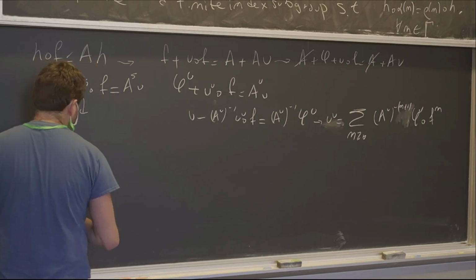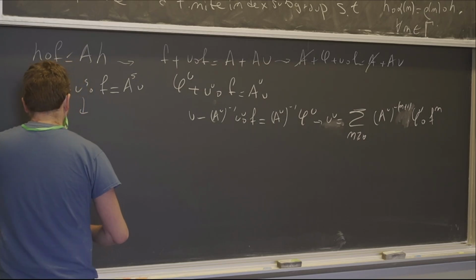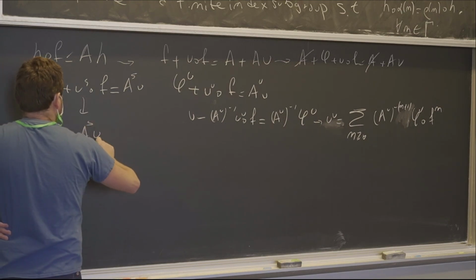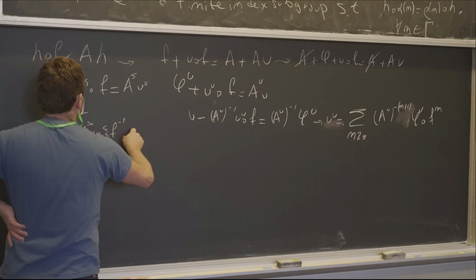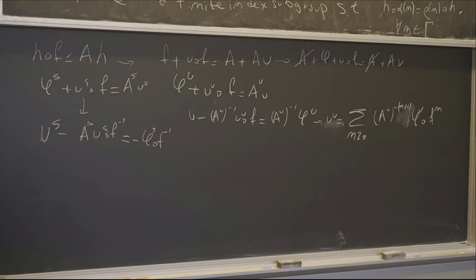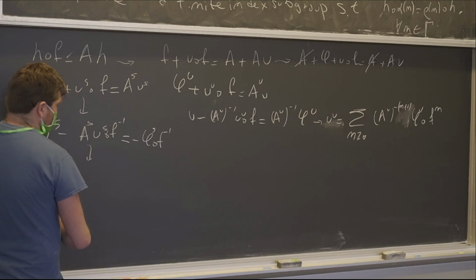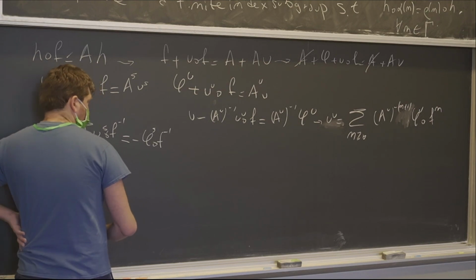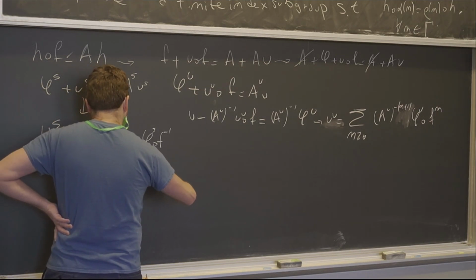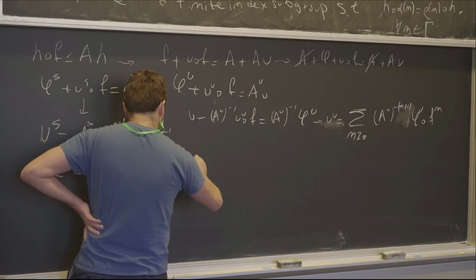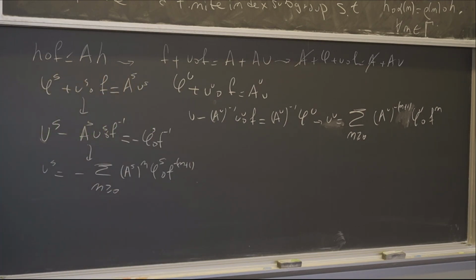So either it's inexistent because I'm asking it to be inexistent, or I get pretty much the same equation: u^s minus A^s u^s composed f inverse equals minus phi^s composed f inverse. And I get here that u^s is minus the sum over n larger than or equal to 0 of (A^s)^n phi^s composed f^(-n-1). Okay, so that essentially settles everything.